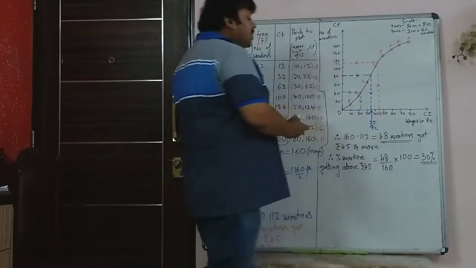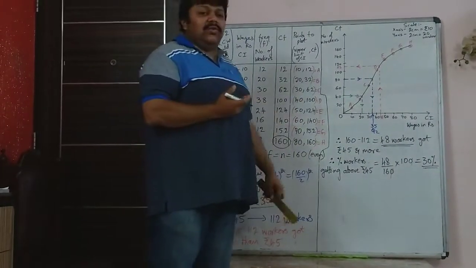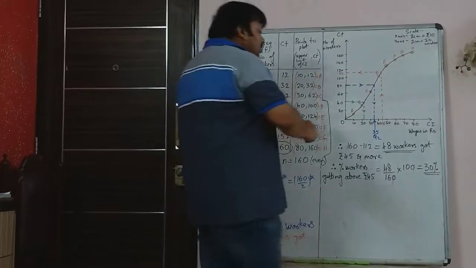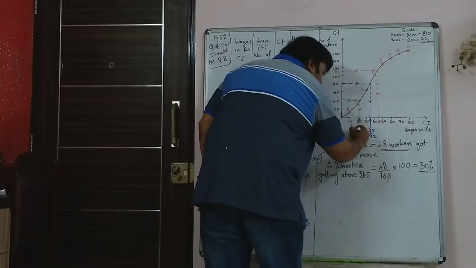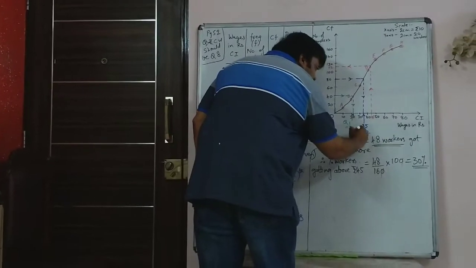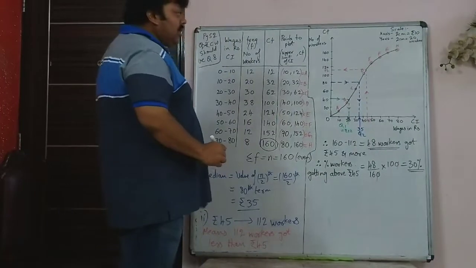So you will get something like 21 or 22. So mostly you will get 22. So that is your lower quartile or Q1. That is rupees 22. So that's how you find Q1.